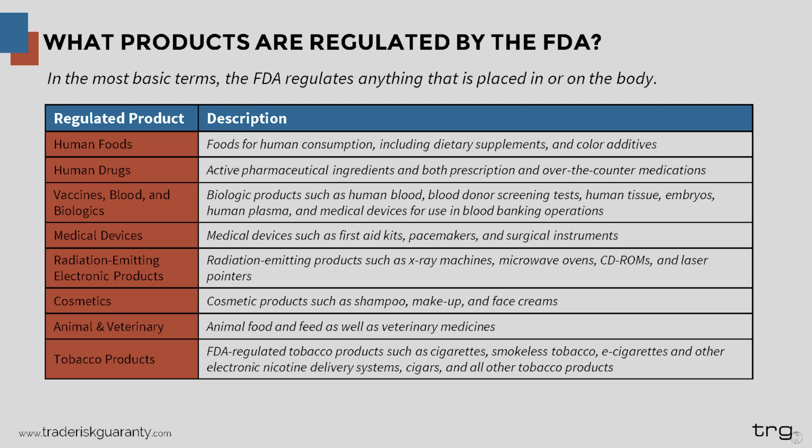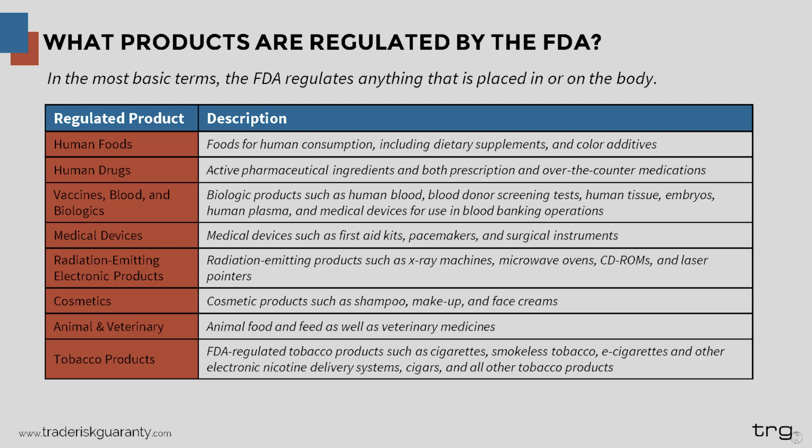Radiation emitting electronic products. Radiation emitting products include things such as X-ray machines, microwave ovens, CD-ROMs, and laser pointers. Cosmetics. Cosmetic products such as shampoo, makeup, and face creams. Again, anything that's going to be interacting with the living body in some way.